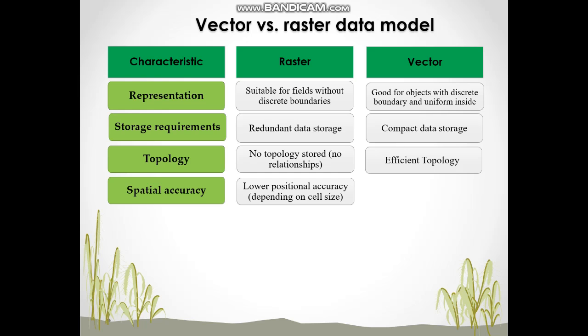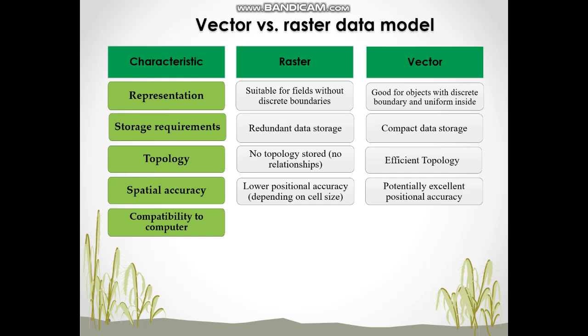And in terms of compatibility of computer programming, the raster data model is actually better than the vector data model because it's very easy to code an array structure, right? The raster data model is a matrix, right? So, most computer languages are familiar with it.